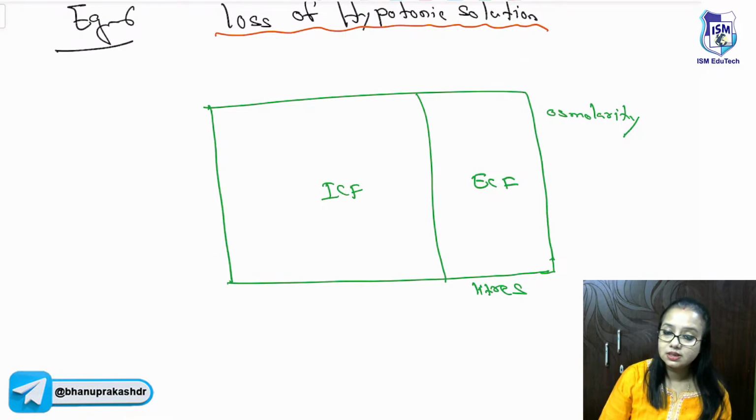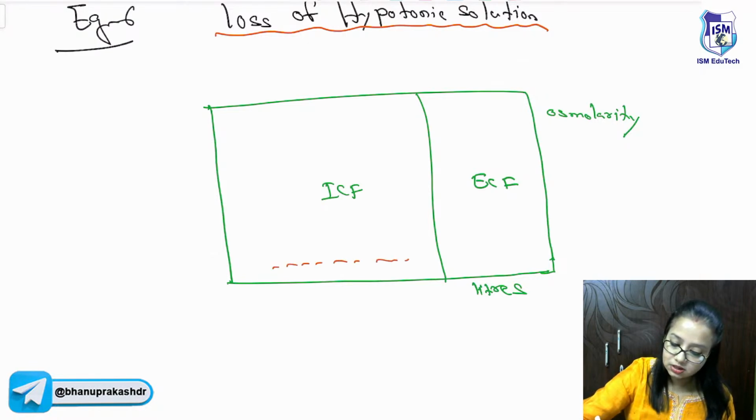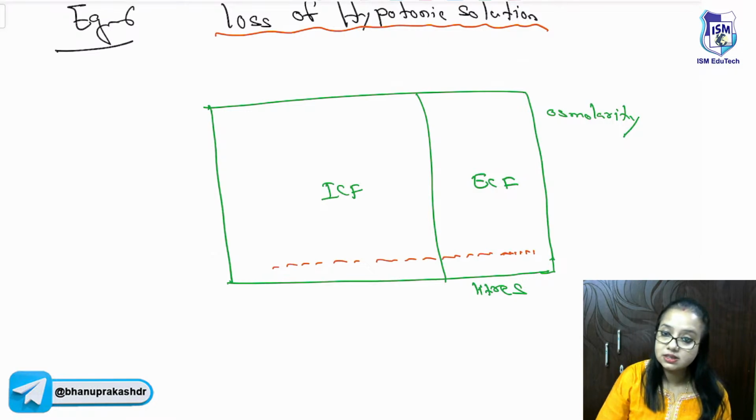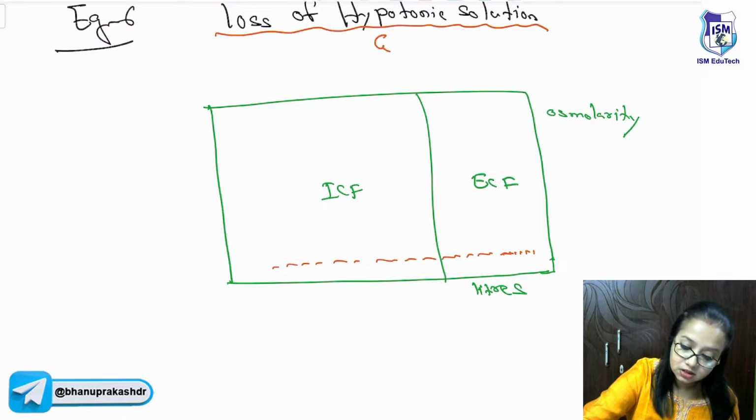So, there will be shrinkage in the volume, the liters. The tonicity is less, meaning less quantity of salt is going out, more quantity of water is going out. Example, sweating.